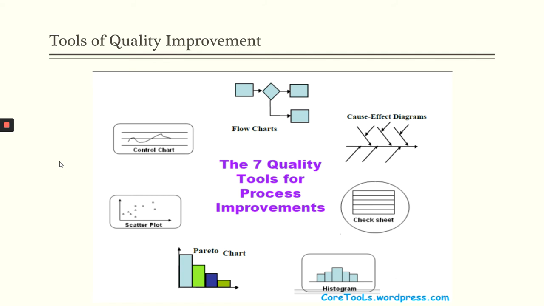It can also help us to identify who's involved or affected by this process, and it helps us to formulate questions for further research if that is required. So here again are examples of tools that we can use for quality improvement. And you may be asked to use a certain tool for a particular problem that you have identified.